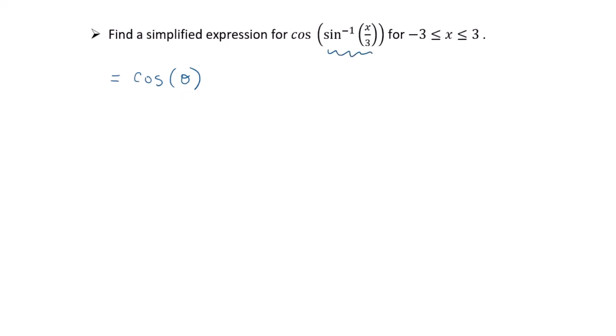And this information here tells me that if this is theta, then the sine of that theta is opposite over hypotenuse. Now I can try and find this missing side. I'll need that because the cosine of theta is the adjacent over the hypotenuse.